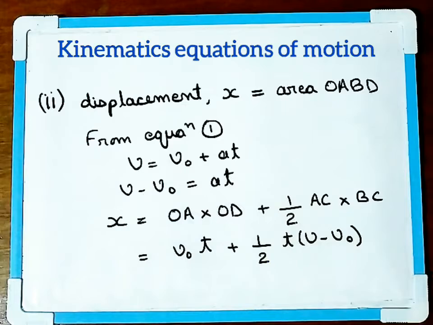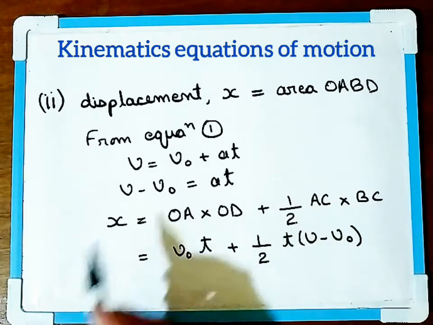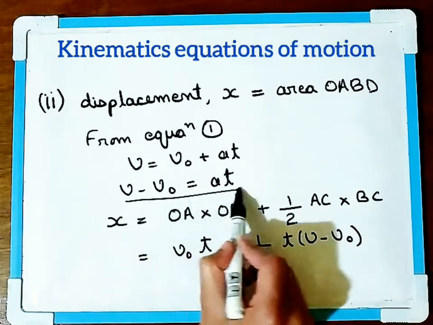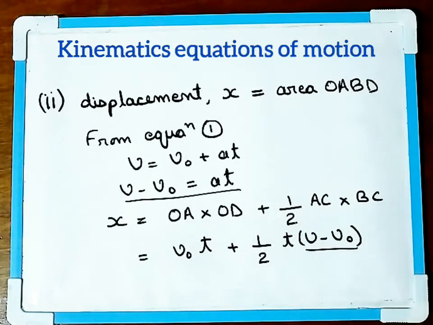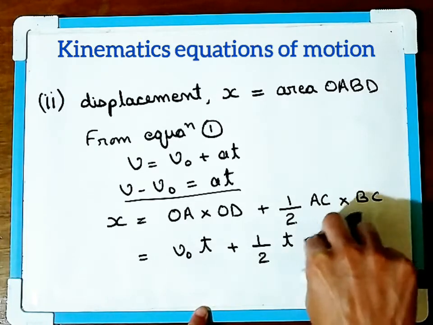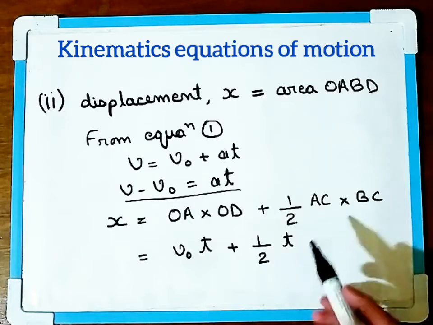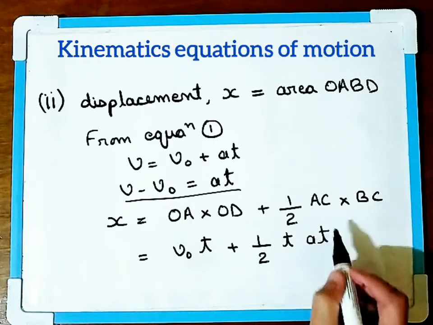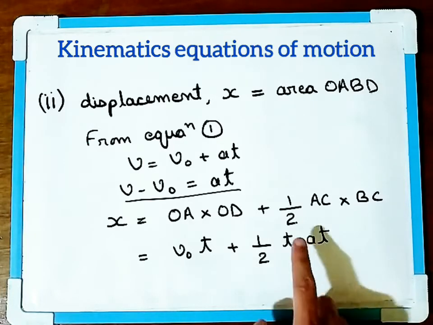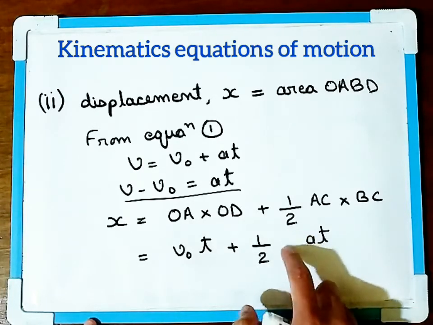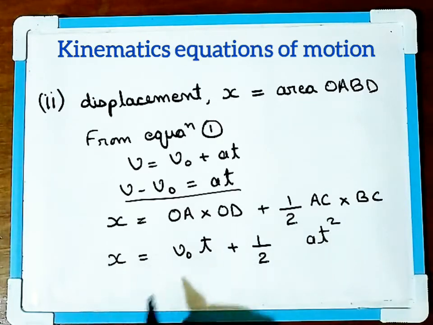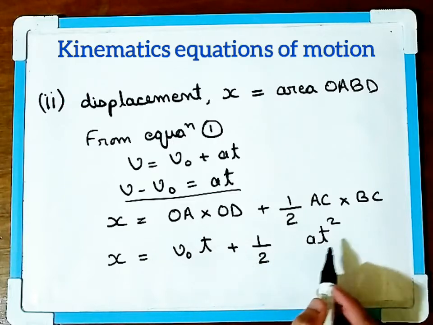So instead of v minus v0, I'll write at here. t into t will be t square. Hence I get the displacement equal to v0 t plus half a t square.